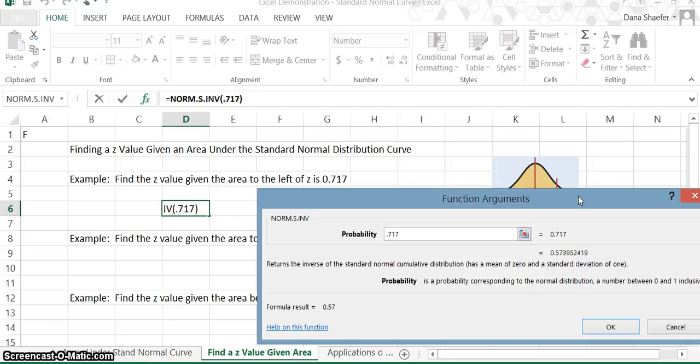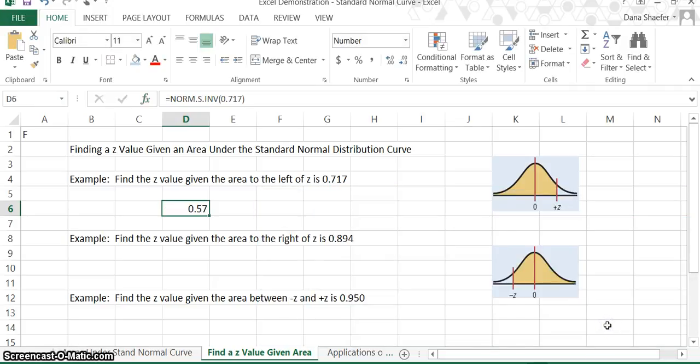It has an inferred 0 at the end, trying to stay with the convention of 4 decimal places, but the problem asked us to do 0.717. Okay, so the z-value that goes along with the area of 0.717 is 0.57. That's the z-value, and the z-value is 0.57.